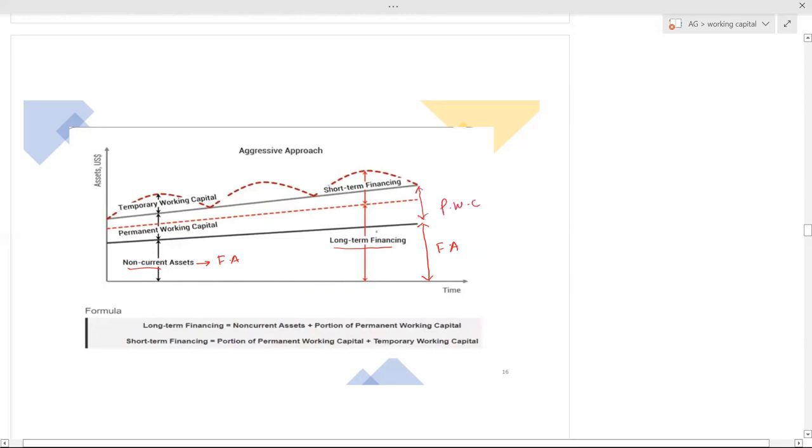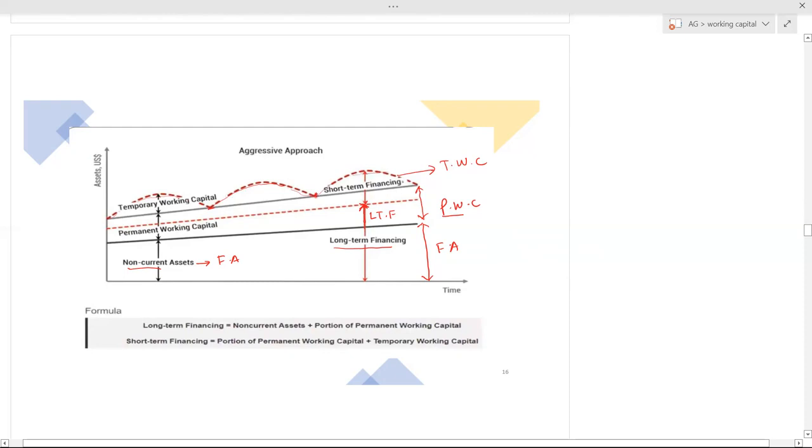Permanent working capital means you are also using some long-term funds to buy this much of permanent working capital, and this is temporary working capital. Okay, temporary working capital means the need is you are increasing your working capital, and in this year you don't need that. Next year you also follow, you have a higher need for temporary working capital. Next, in this period you don't need that, and then you can see that there is a fluctuation.